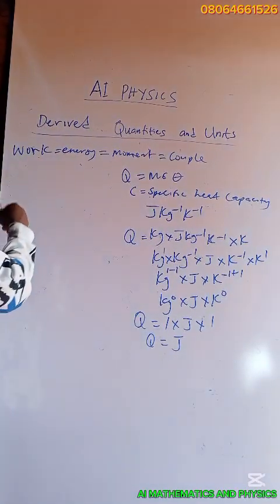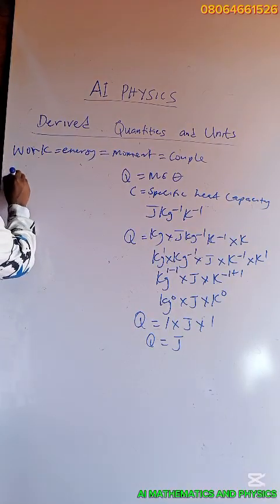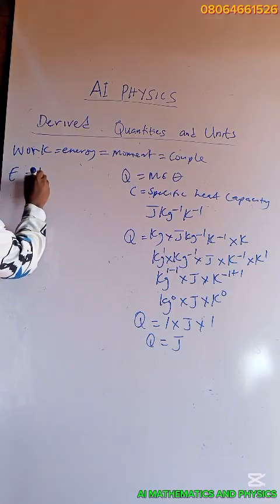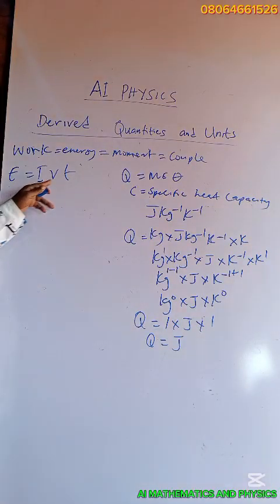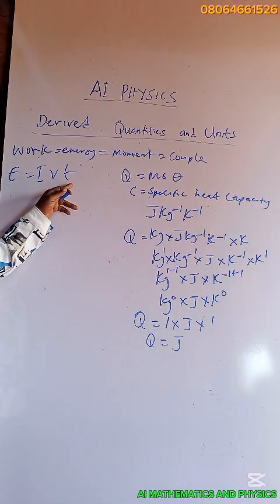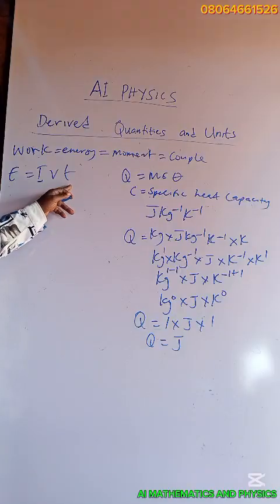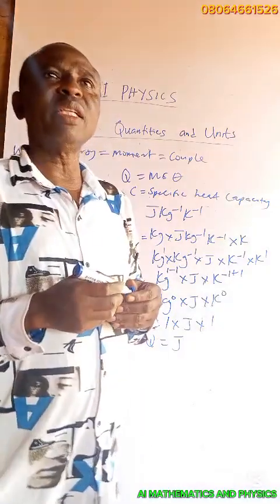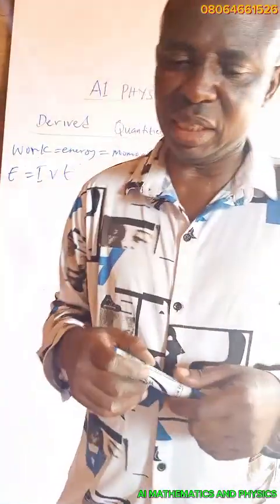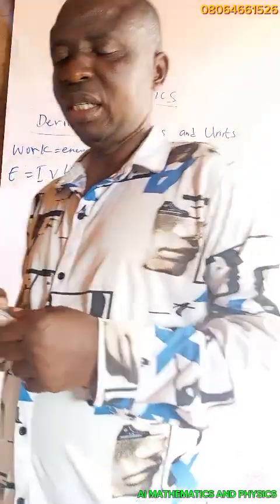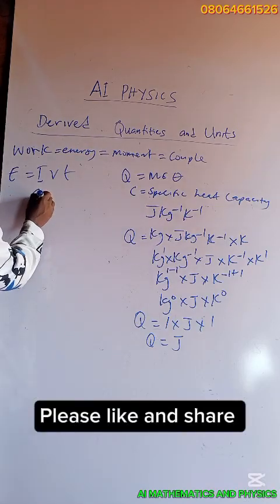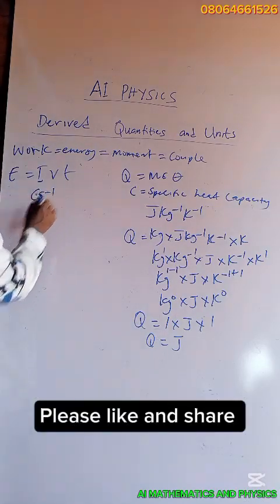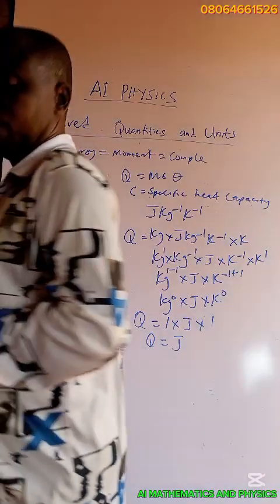Electrical energy is IVT. This one means current, this is volt, and this is time. And you can see that current is Q over T, that is coulomb per second.